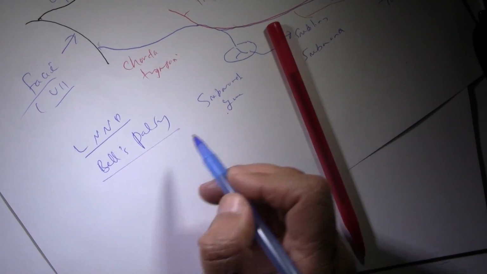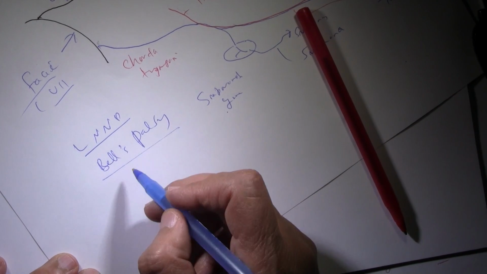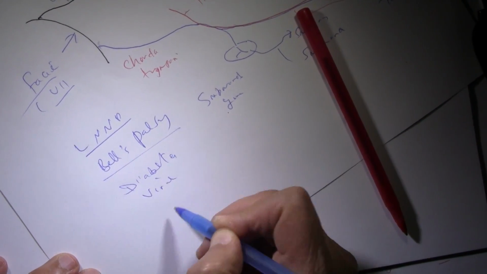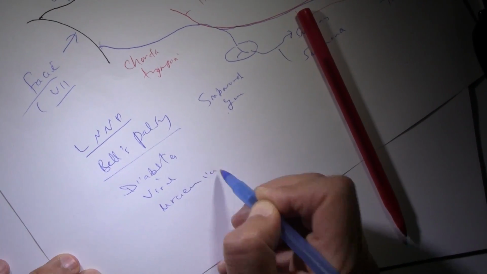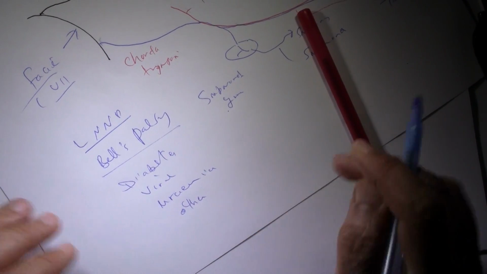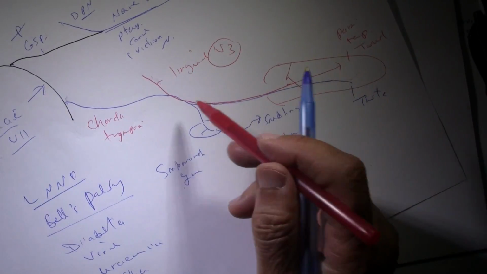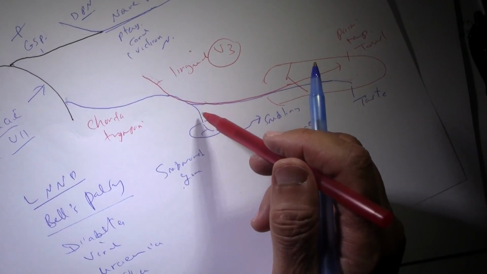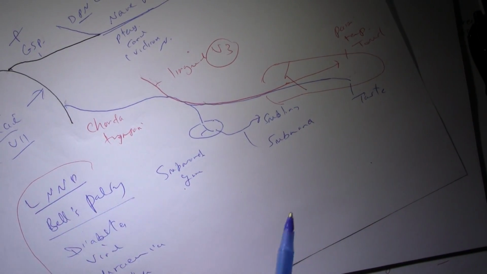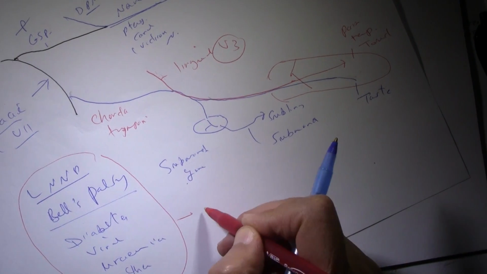However, you need to keep in mind that it can be a complication of systemic disease like diabetes, viral infection, uremia, and others. It can result from traumatic injury of the facial nerve in the face, especially in the parotid gland.